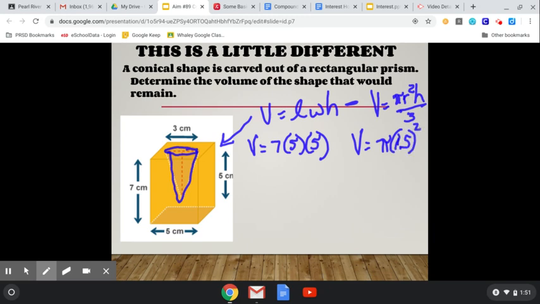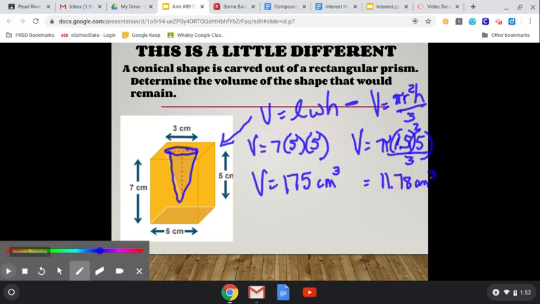The height of that cone, maybe it is 5 as well. Having trouble reading that. I think that's supposed to be 5 as well. All right, no problem. And then from there, we're going to do the math. Let me hit pause.